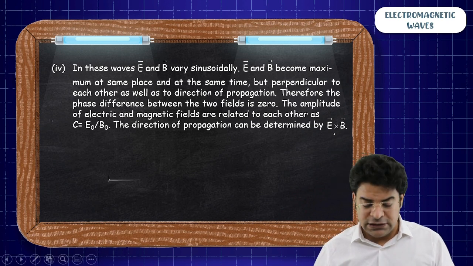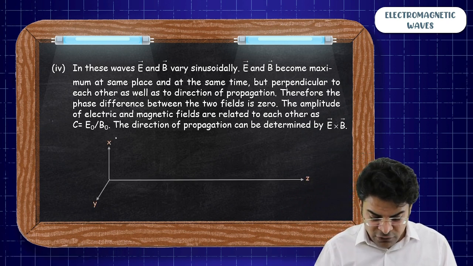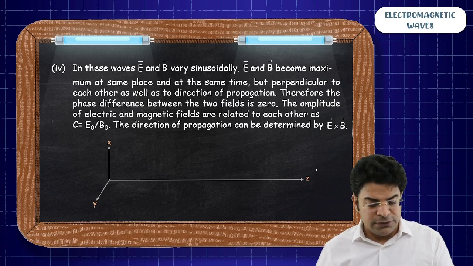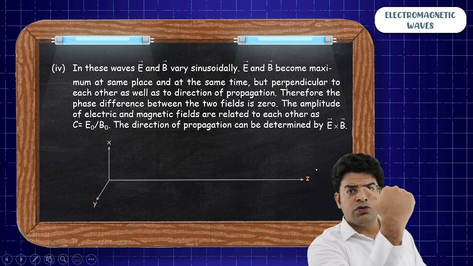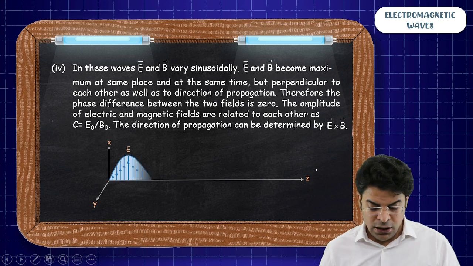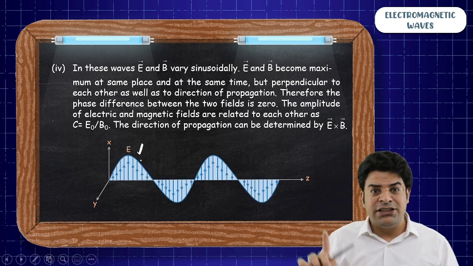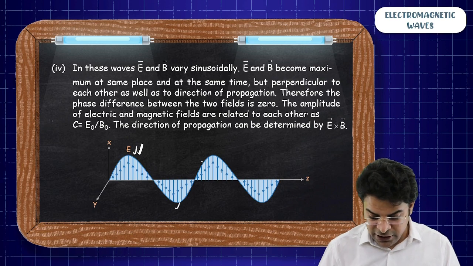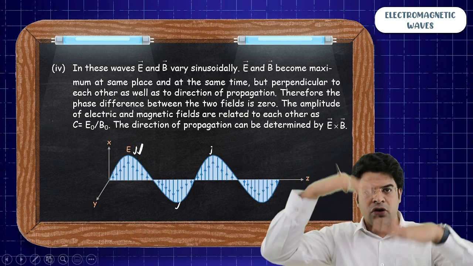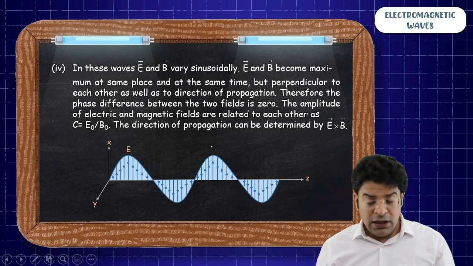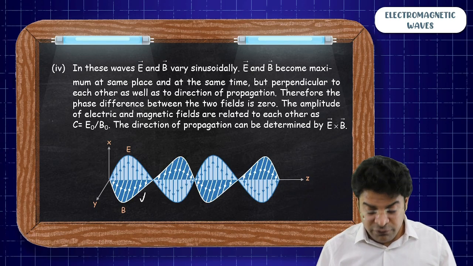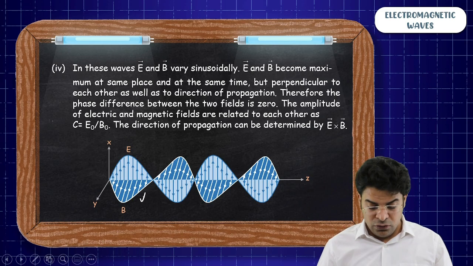So let's visualize this with a diagram. Think of these being the x, y and z axes. Notice that x cross y gives you z. Now, if the electric field vibrates in the x direction, positive maximum, then negative maximum, then positive maximum, and keeps on oscillating at every place, then the magnetic field, which oscillates in the y direction, looks like this.